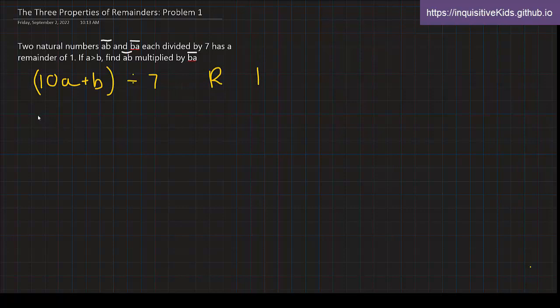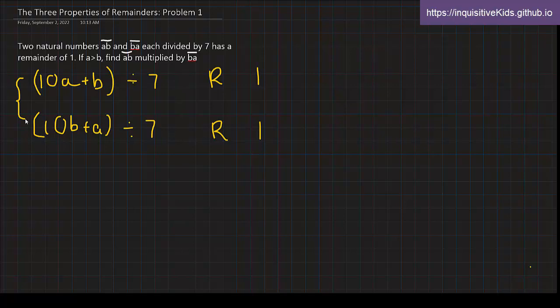We also know that 10B plus A, the value of the second number, divided by 7 has a remainder of 1 as well. And if you think about it, this is basically using the knowledge of expanded value. You probably learned place value before or are learning it, and this is all it's about.